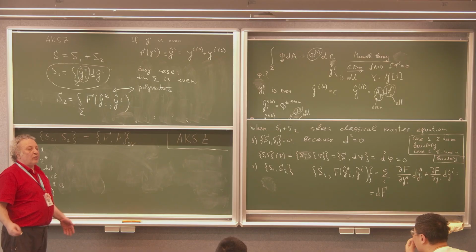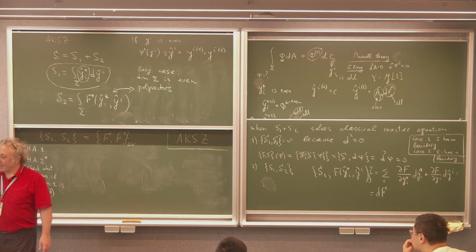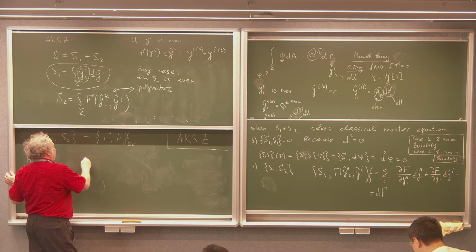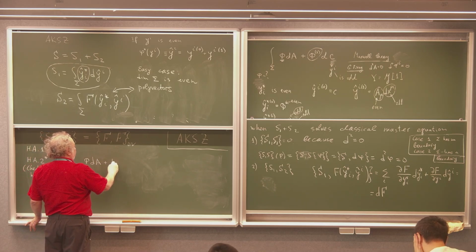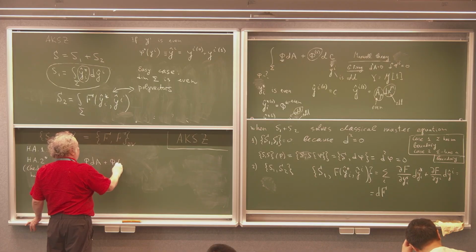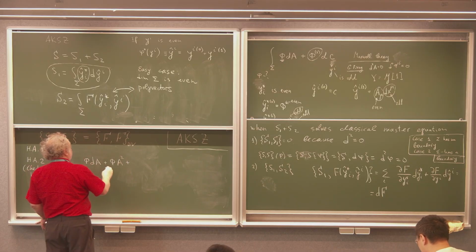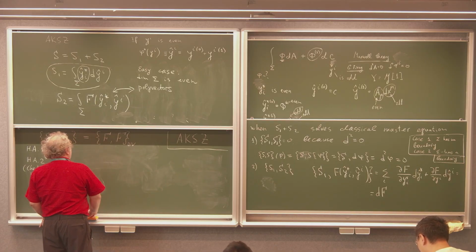Now let us come to our example. Again, we had an example. 5d8 plus pi a squared plus t. I'll put the structure constants explicit.